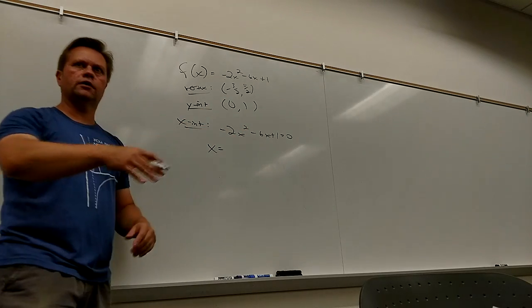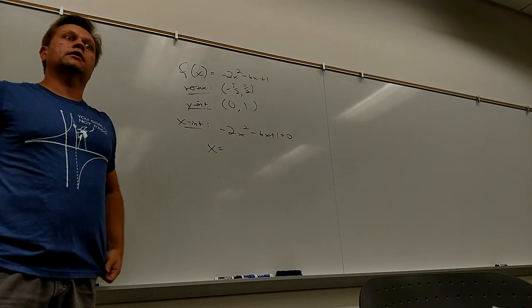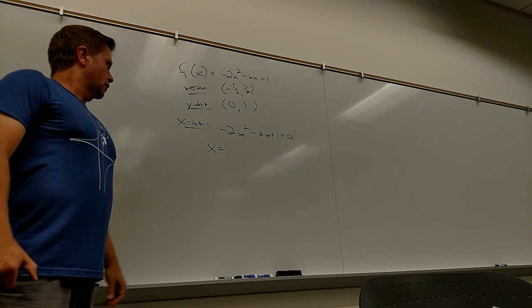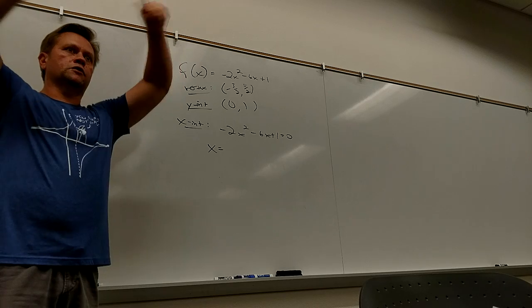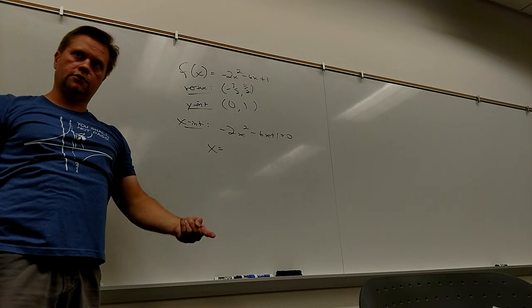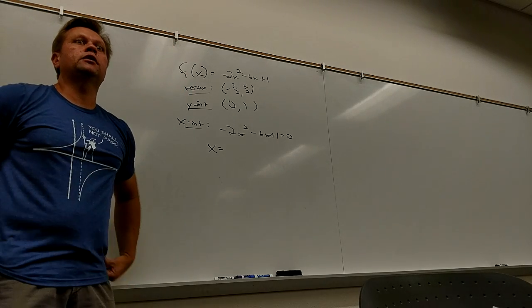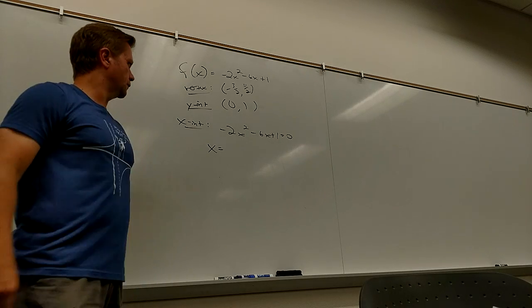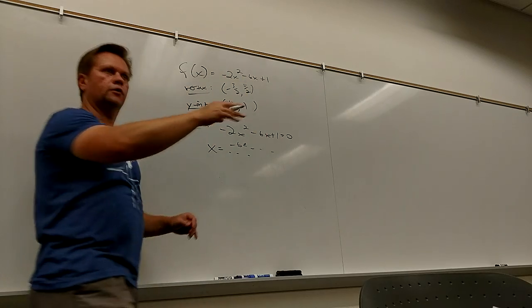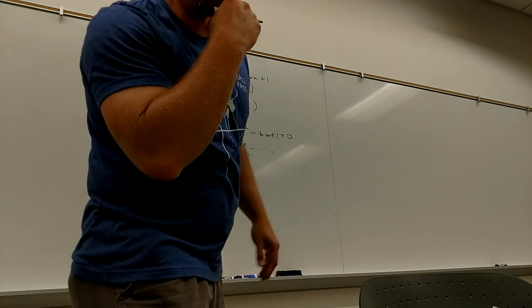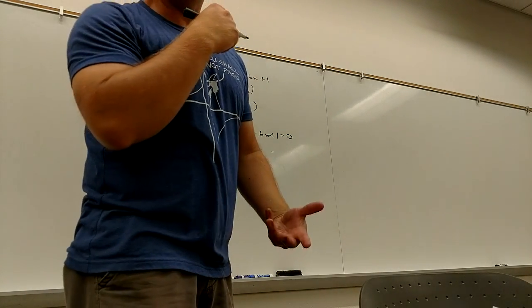You guys can all do that, right? With a parabola, you'll get 2 answers. They might be complex, which would mean your parabola starts above and goes up, or starts below and goes down, so it never hits the x-axis, at least in the real numbers. Negative b plus or minus, and so on. There you go, and then you can graph this.